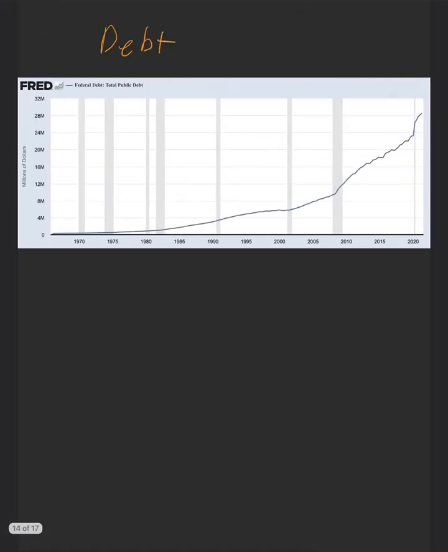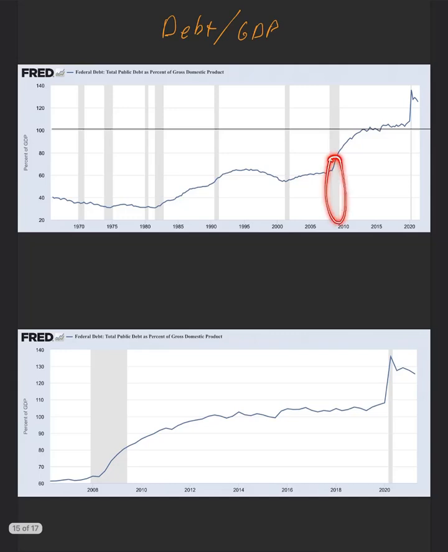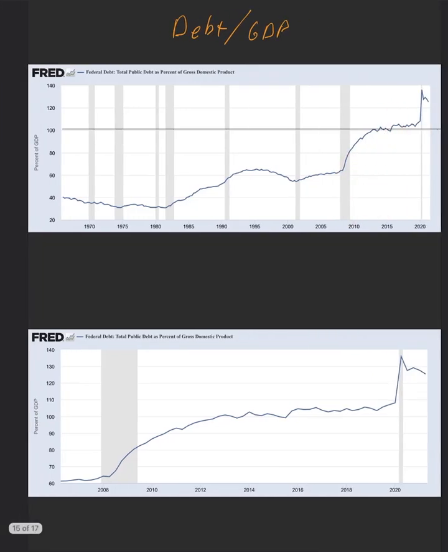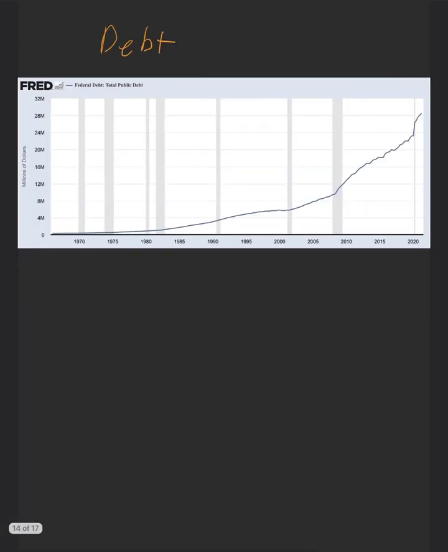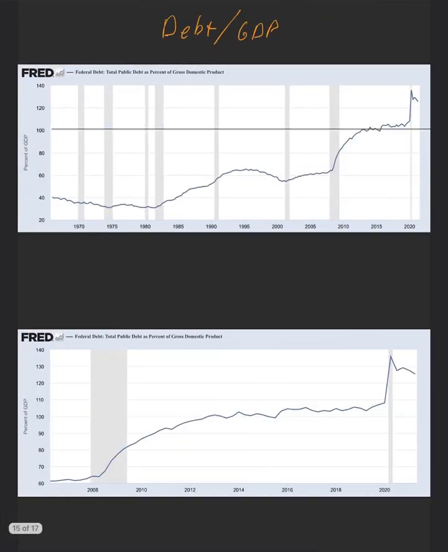What happened there? Well, those are the years just before 2000 to 2015. That's that really sharp, consistent growth in the debt. It looks like GDP did not really keep up with that.